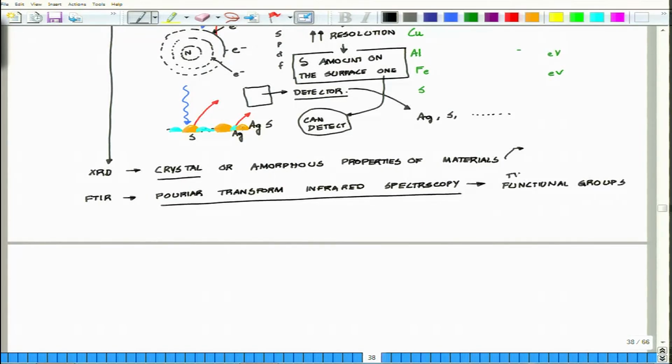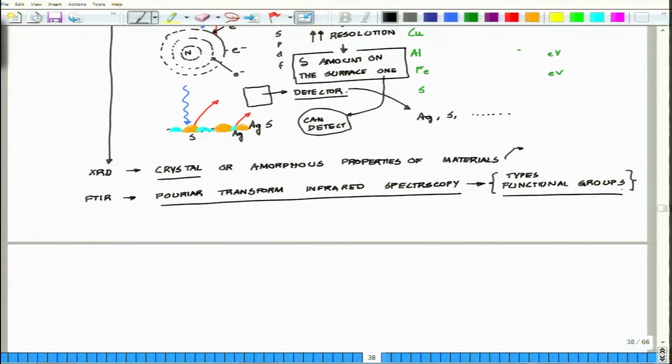Say you are increasing the hydrophilicity of the particle. So what kinds of functional groups are present, and all these details you can obtain using Fourier transform infrared spectroscopy. This is the power of the technique.